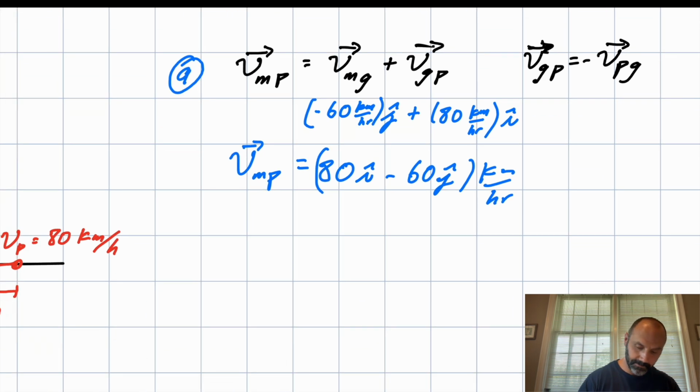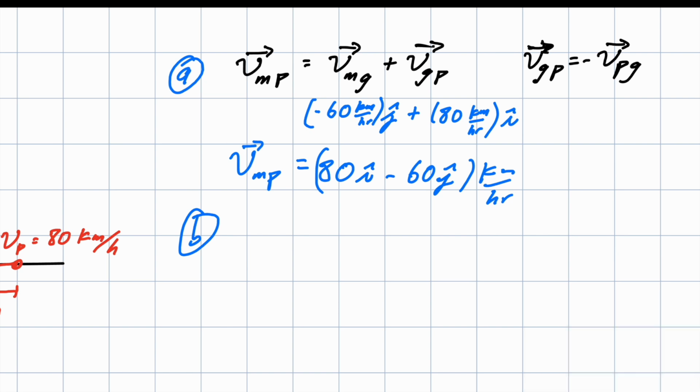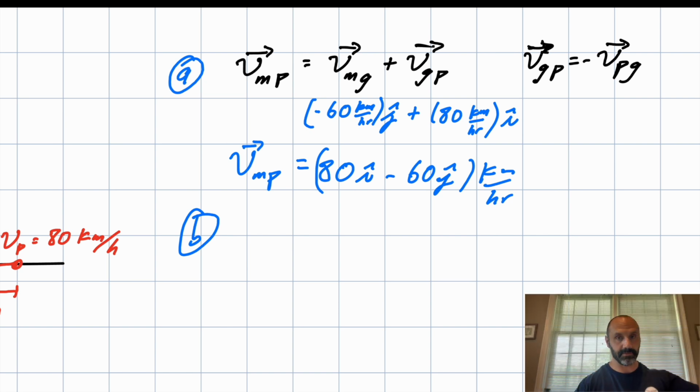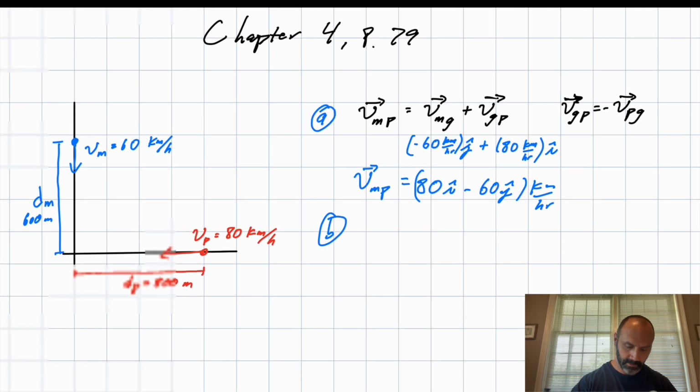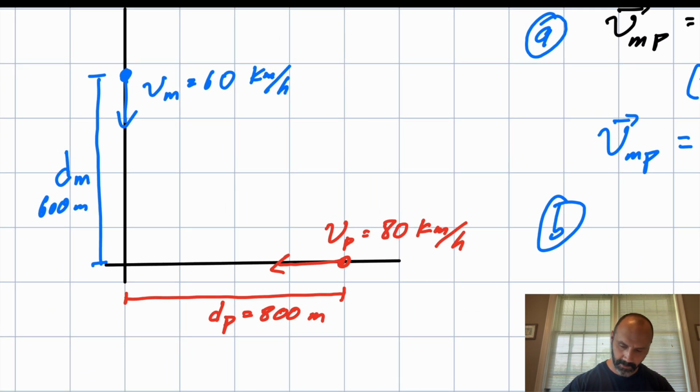Part B asks, for that instant where they are, what is the angle between the velocity found and the line of sight? So the line of sight, the police car is looking, let's do this in green, this way, and the relative velocity, he looks like he's moving in the opposite direction.